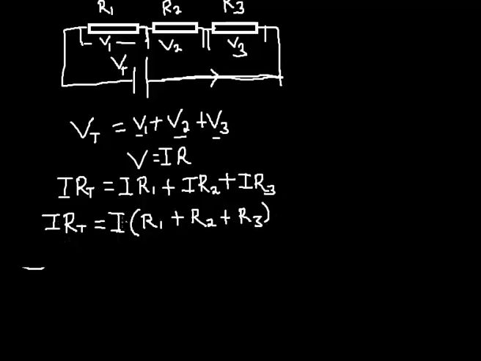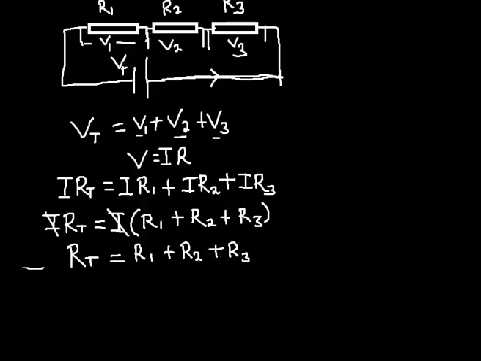Since I is a common factor at both sides of the equation, I can just take it out. So the total resistance for a series connection is gotten by adding the individual resistances: R total equals R1 plus R2 plus R3.